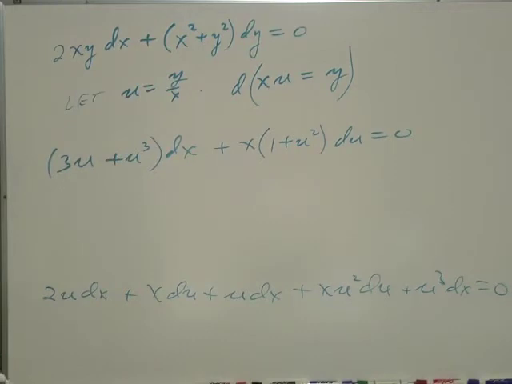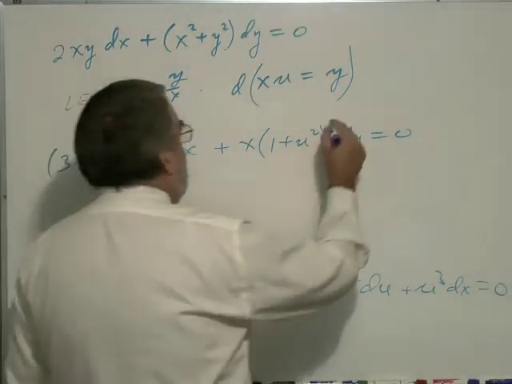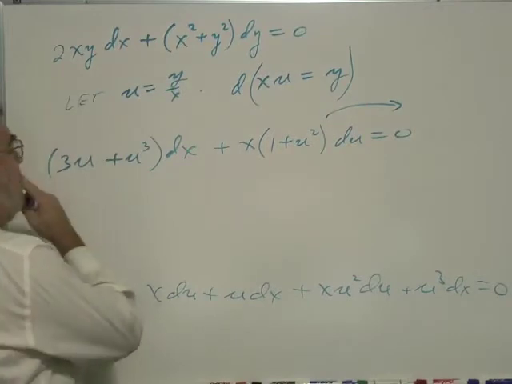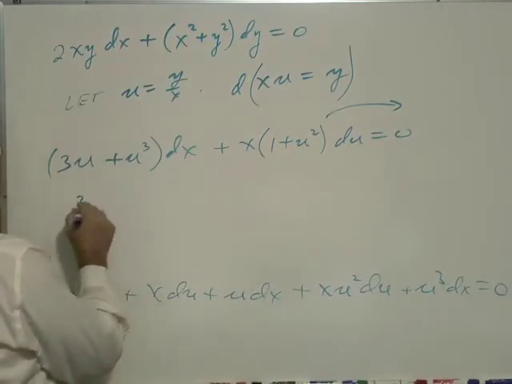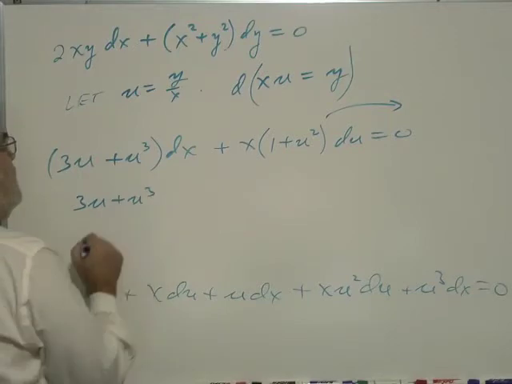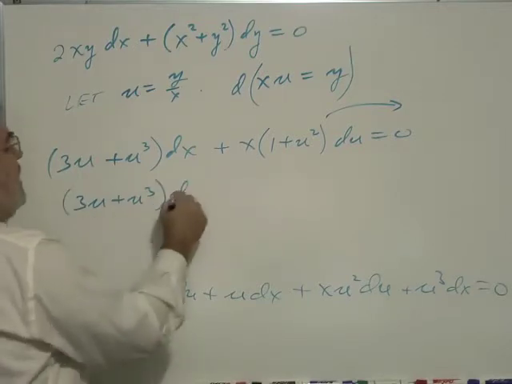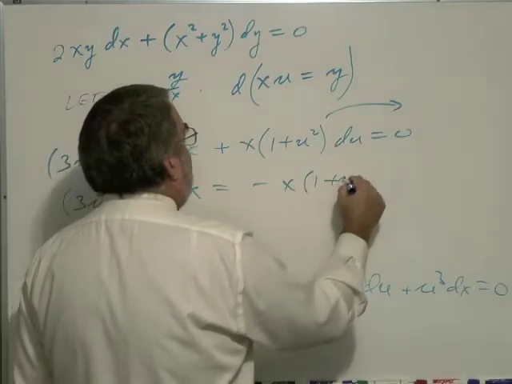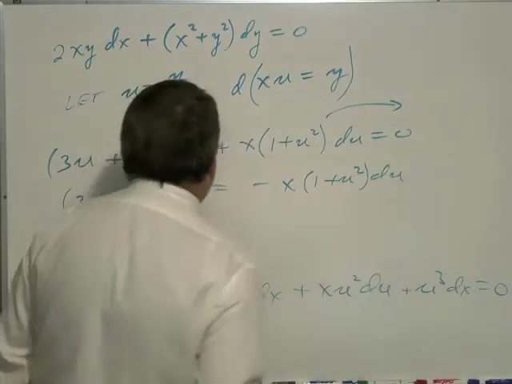Alright, so can we separate terms? Alright, I believe we can. So I'm going to take this to the right side, and this gives me 3u plus u cubed parentheses dx equals minus x times 1 plus u squared du.